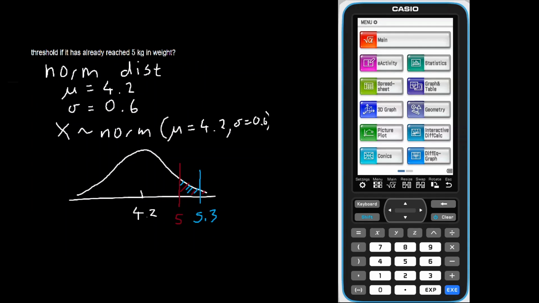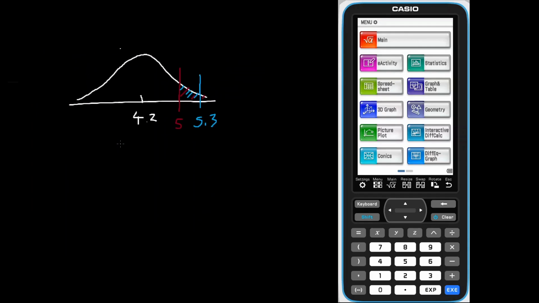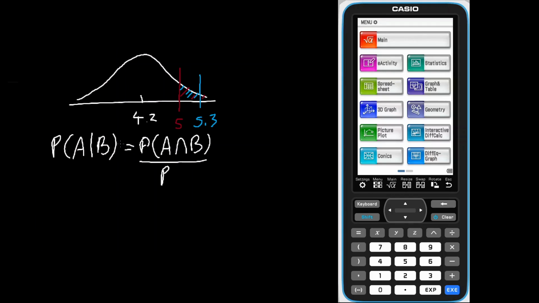Okay, there's an equation that we use quite often in probability. It's the probability of event A given that event B has occurred is equal to the probability of event A and B, divided by the probability of B. So that basically ignores all of this and now makes the red patch 100%.